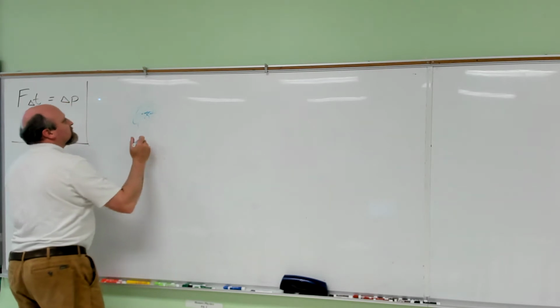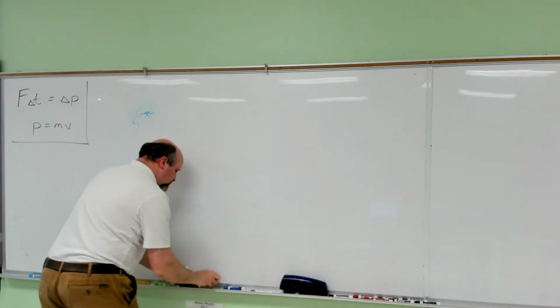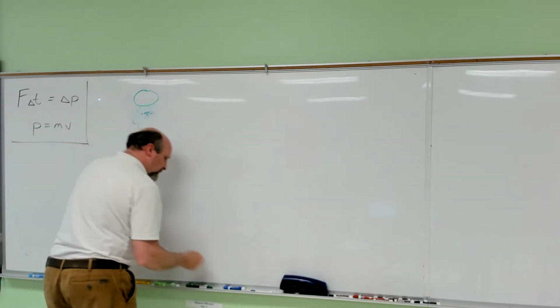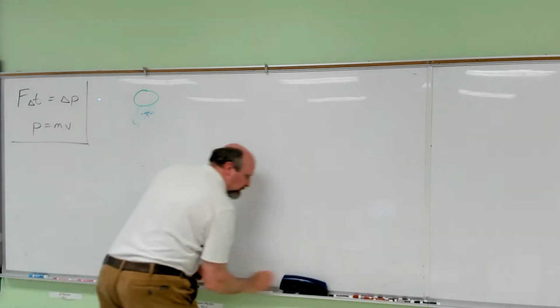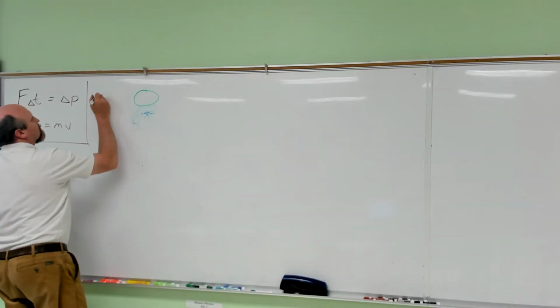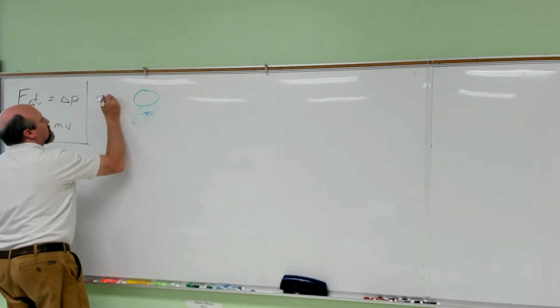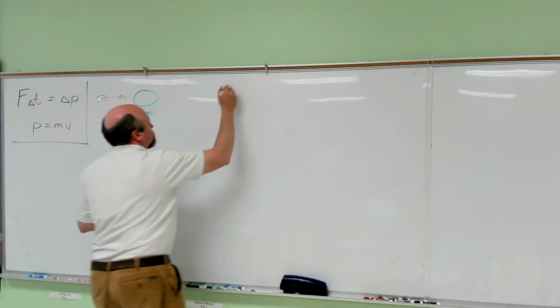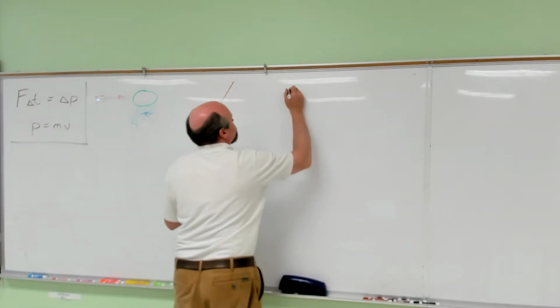All right, bald man's head. Melon. And we have an arrow that's going to come flying in from one side. It's going to go through the melon, and that arrow is going to come out the other side.